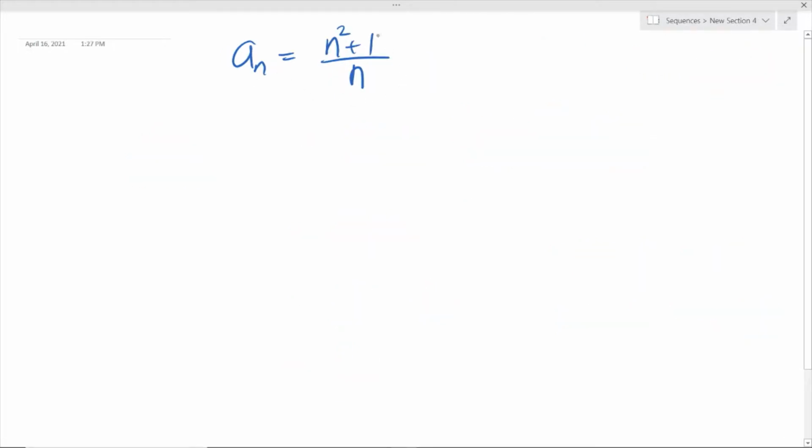Then we have a sequence that looks like this, and we're trying to find whether it converges or diverges. So we find the limit of that as n goes to infinity of n squared plus 1 over n.